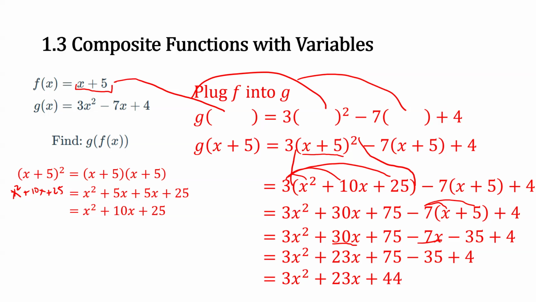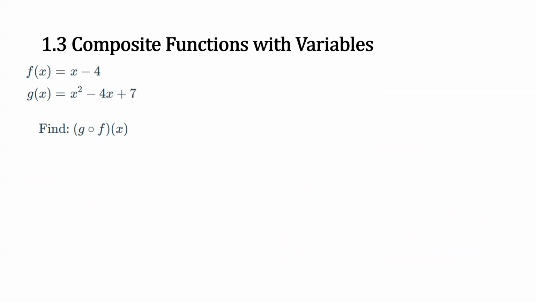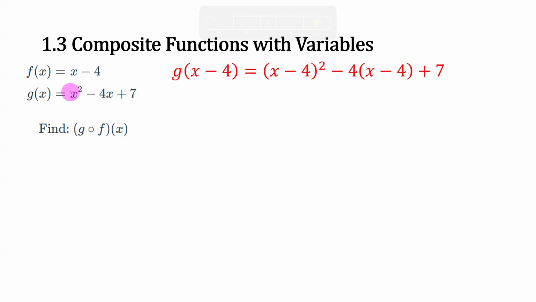All right. Let me have you try this one. Pause it here, work this one out, come back and check your answers. Okay, so I'm plugging in x minus 4 into there and into there.